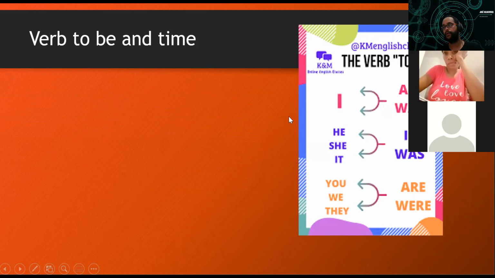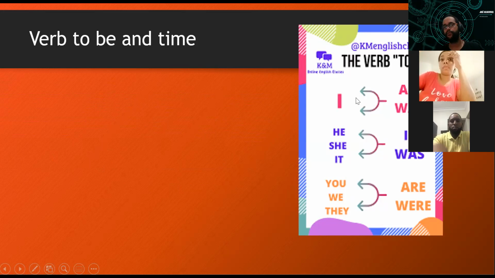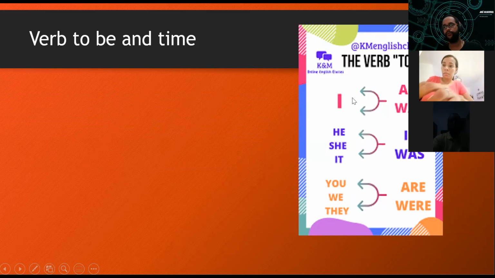So today we're gonna be talking about the verb to be and how it changes for the different nouns or pronouns, and how we can use it for different tenses.